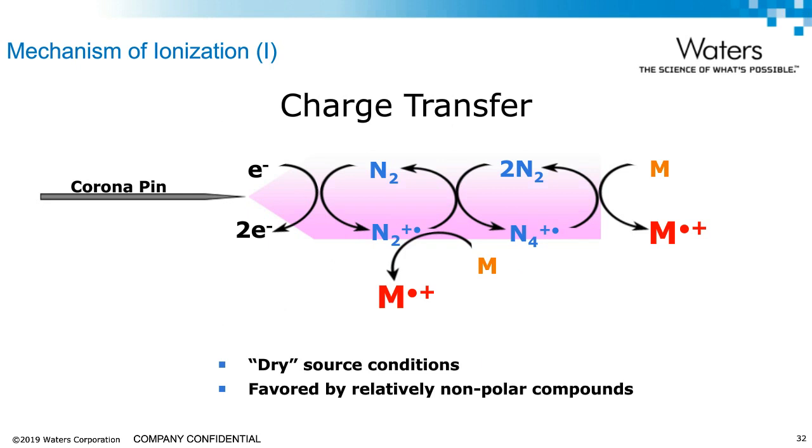The first is a charge transfer mechanism initiated by corona discharge ionization of the nitrogen in the source to generate radical cations of nitrogen. These radical cations then undergo charge transfer with analyte molecules to generate radical cations of those analytes. This form of ionization is particularly useful for the analysis of non-polar compounds.